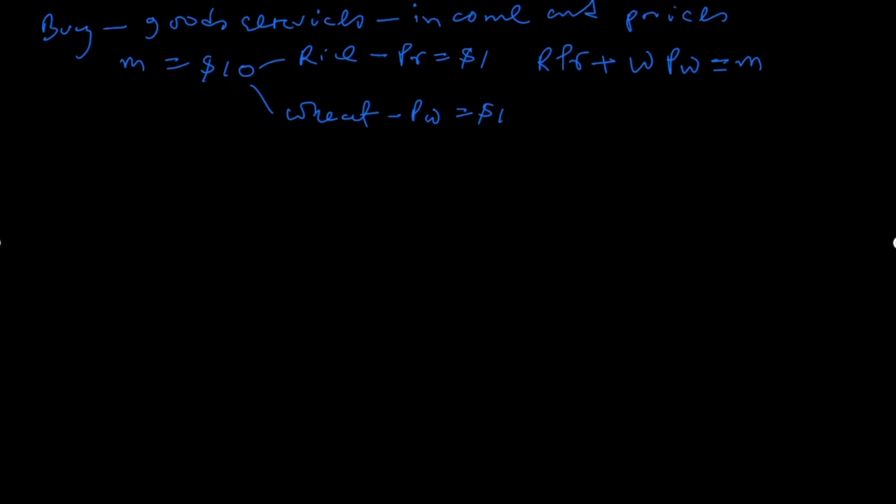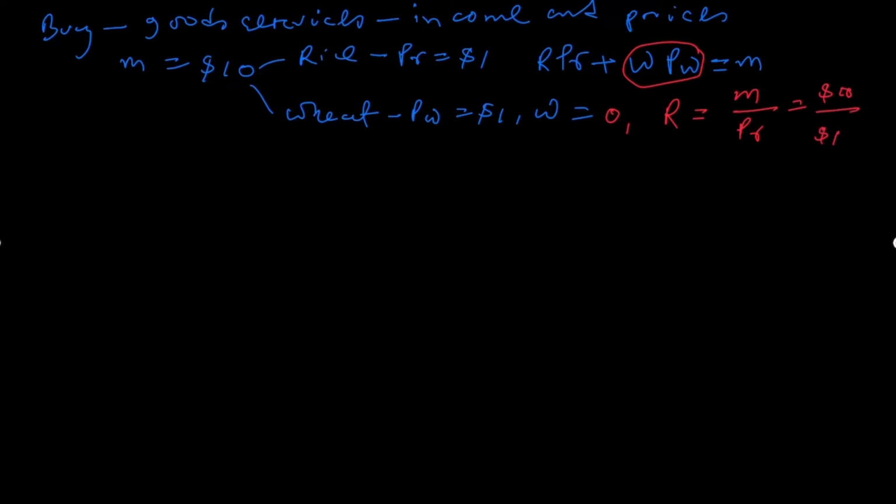For example, if I spend all my income on buying rice, then the wheat would be 0, which means this term would be 0. So I can buy rice equal to M divided by the price of rice. In our example, M is $10 and the price of rice is $1.